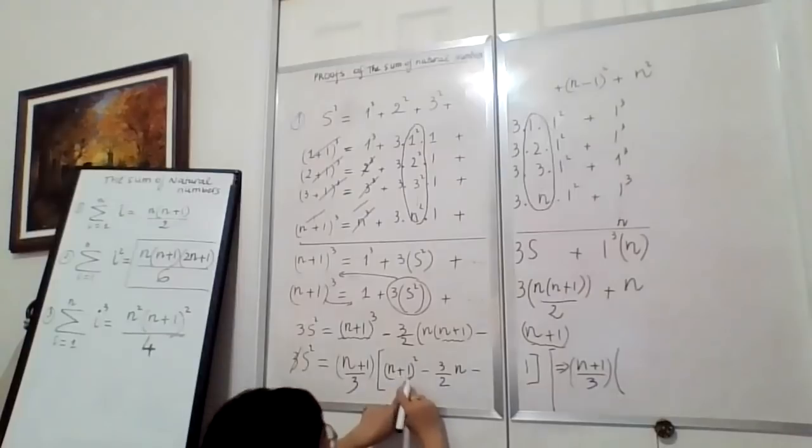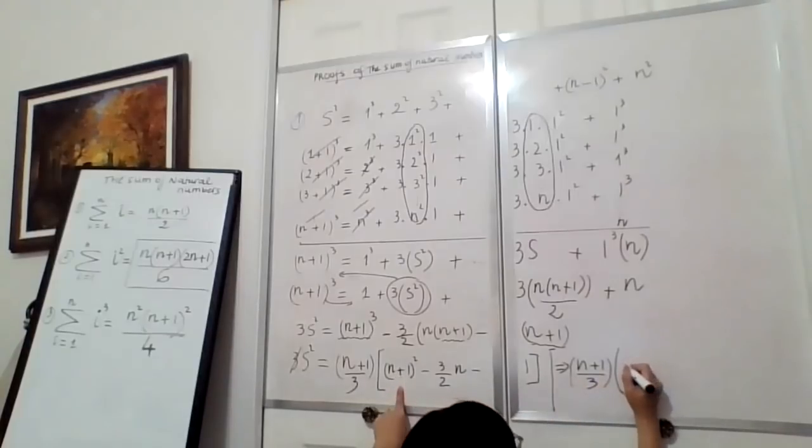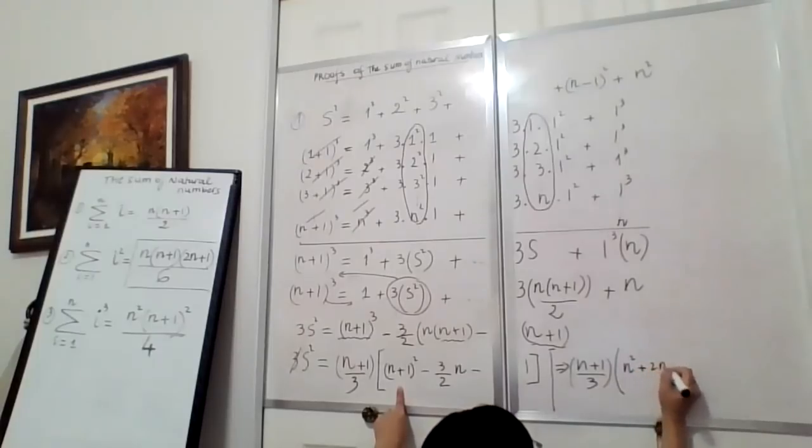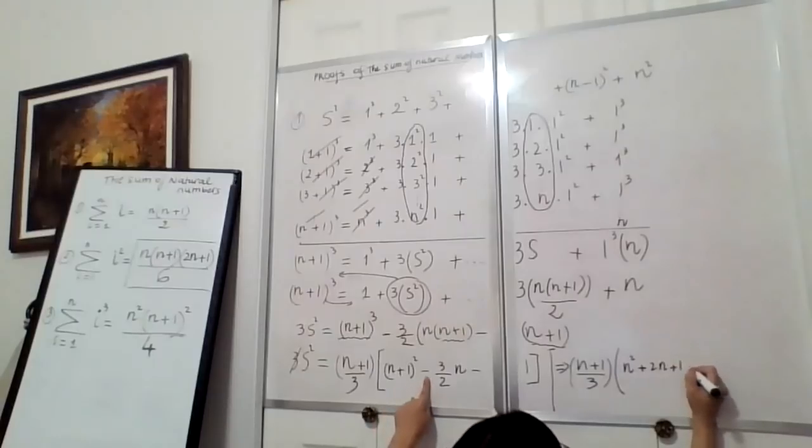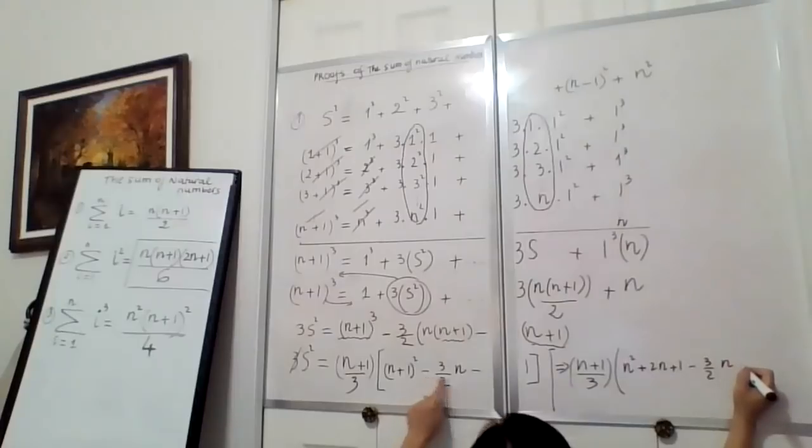Because I know this formula. This is just the a plus b perfect square formula, which equals n squared plus 2n plus 1 squared, which is just 1, minus 3 over 2 n and minus 1.